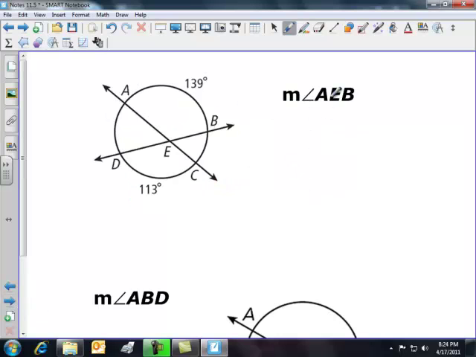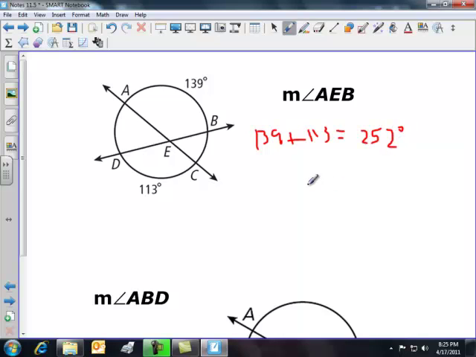If we want the measure of AEB, notice the AEB right here. That vertex is on the inside of the circle. As I mentioned before, for the inside, you take the sum of these intercepted arcs. So we're going to add the 139 to the 113. All right, and that would give us 252 degrees.